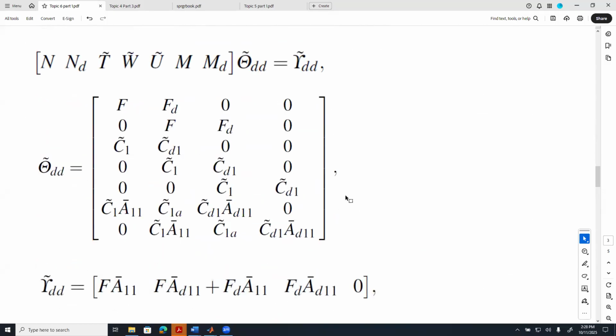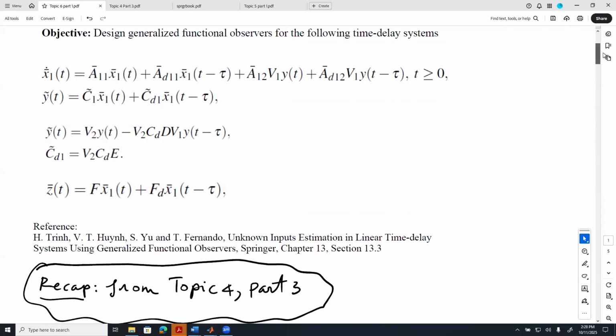Have a look at them carefully. We can see that the FD matrix enters into this matrix, as well as C tilde D1, which is associated with the delay stack vector in the output measurement.